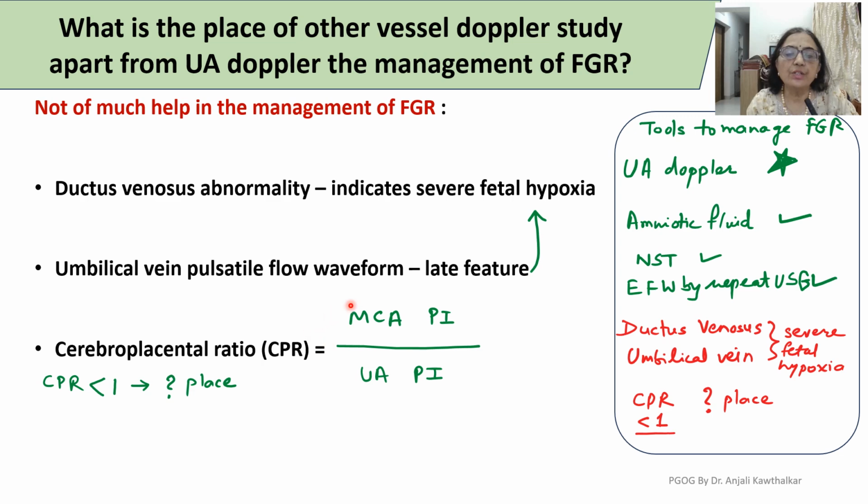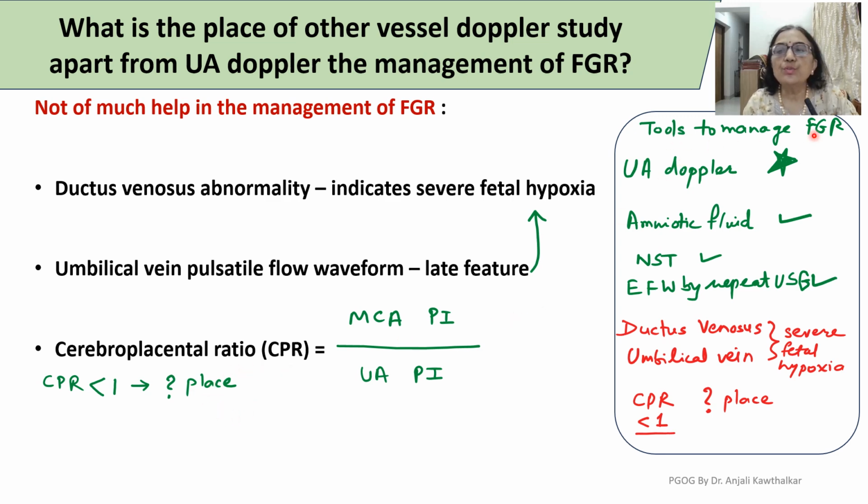That is what is happening. Initially it increases and then there is a fall, and that is how there is a change in the CPR, cerebroplacental ratio. So if the cerebroplacental ratio goes less than 1, that is suggestive of a baby getting affected, but it has a questionable place because studies have not shown its utility in improving the perinatal outcome.